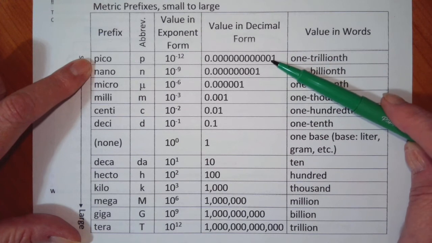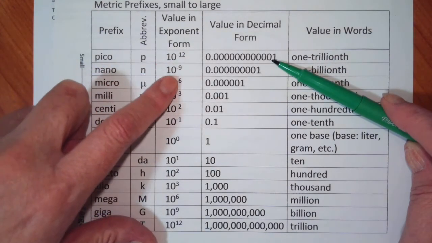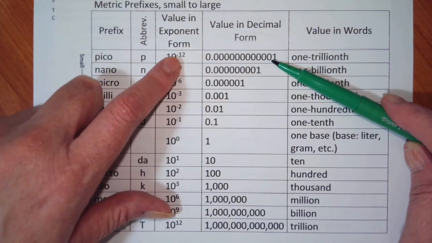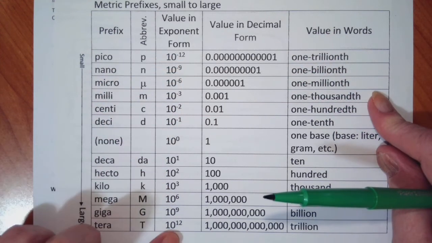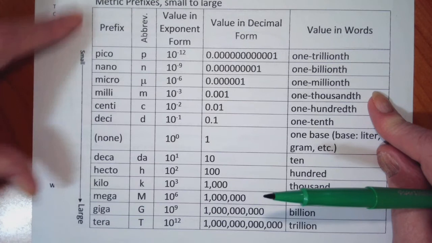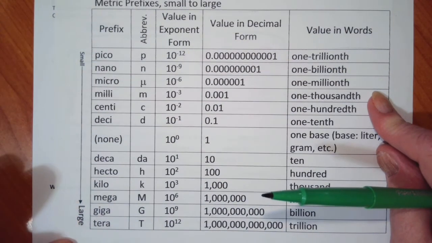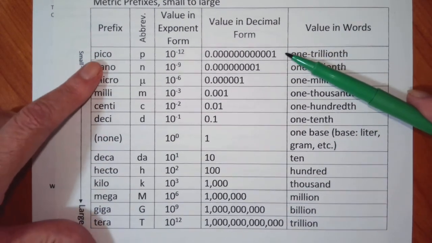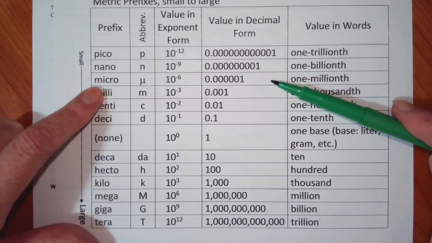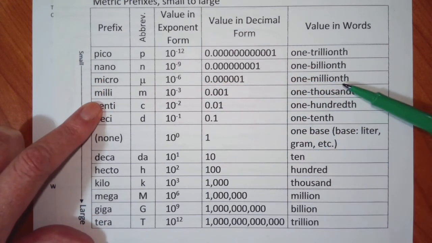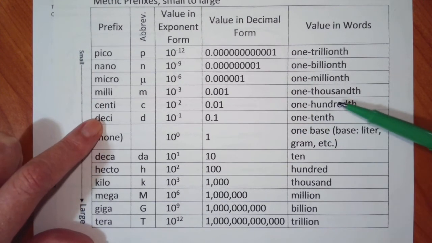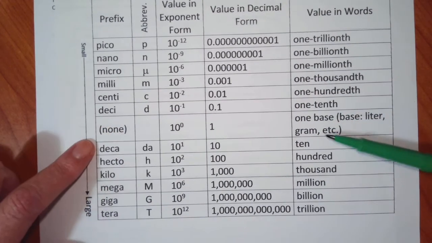And you can see what that is in decimal form, and so you can practice on your calculator. Notice -12 is a very small number, and it goes up to +12. So you're going from a small up to a large. And this takes you from a pico to a nano to a micro, which is 10 to the -6, milli, which is 1,000th, centi, which is 100th, deci, 1/10th, and then you have your base.